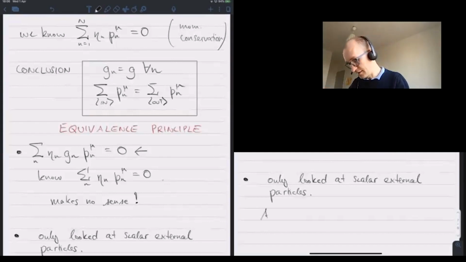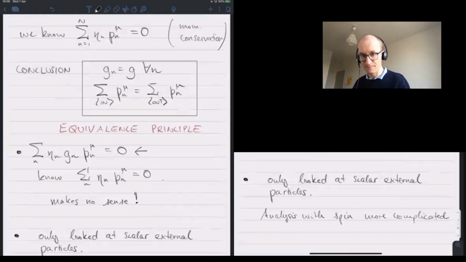The analysis with spin is actually considerably more complicated, so I didn't want to go into the details for pedagogical reasons, because conceptually it is more complicated, but it reaches the same conclusion.